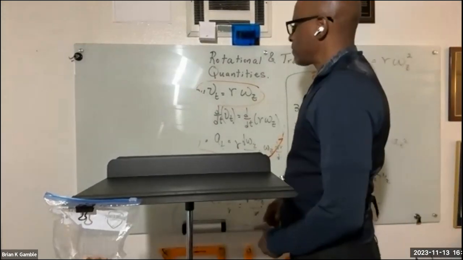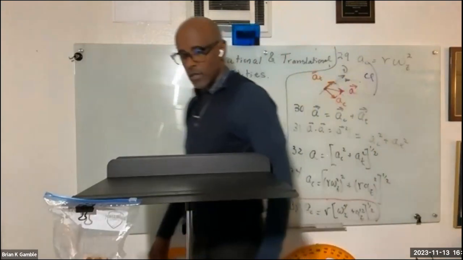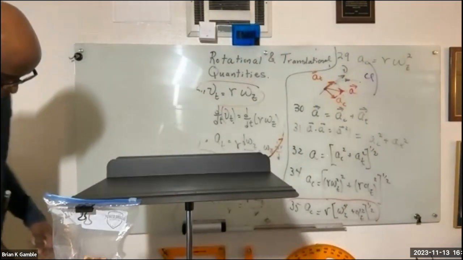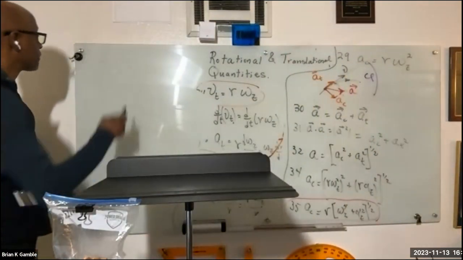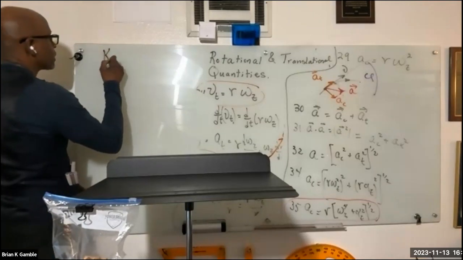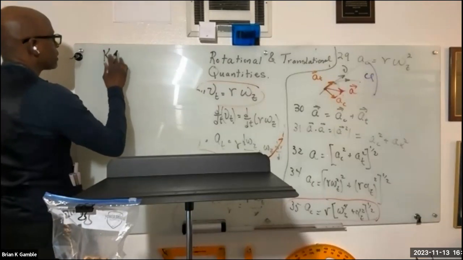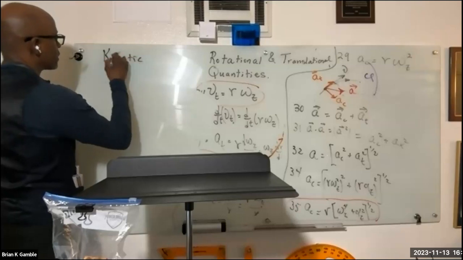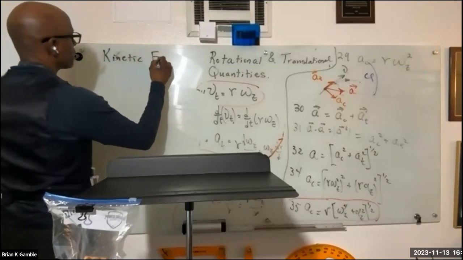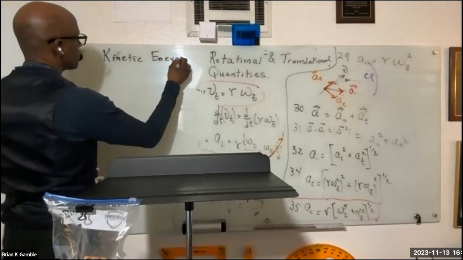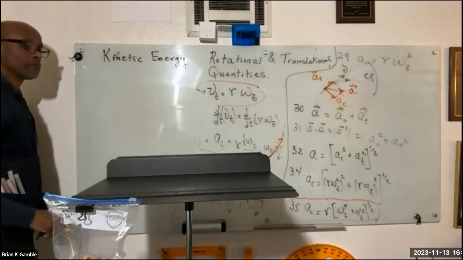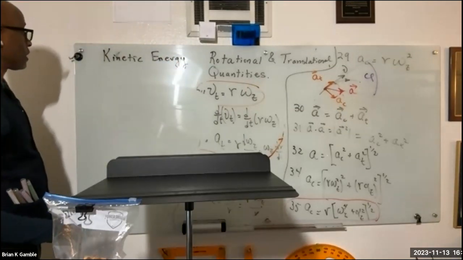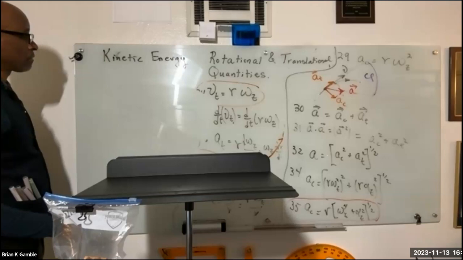Now, we know that by definition, the formula for kinetic energy, energy of motion, that's literally the definition. Kinetic is from the Greek for motion, and 'ic' is like an adjective.